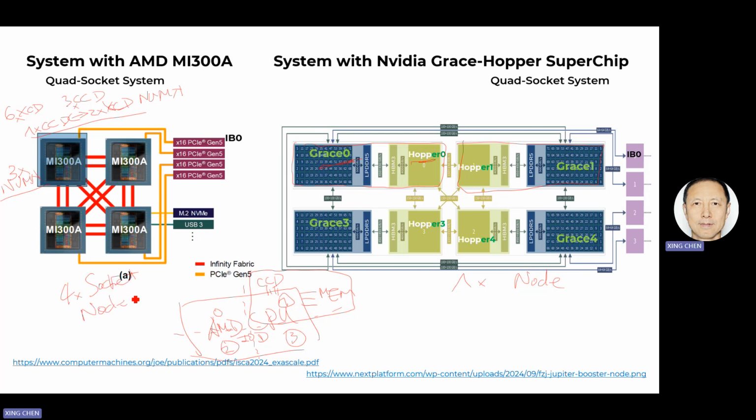So at the beginning, I thought you would have 3 NUMA nodes per socket, and you would have 12 NUMA nodes. That was my first thought. And for this one, 4 NUMA nodes. Is that correct or not?